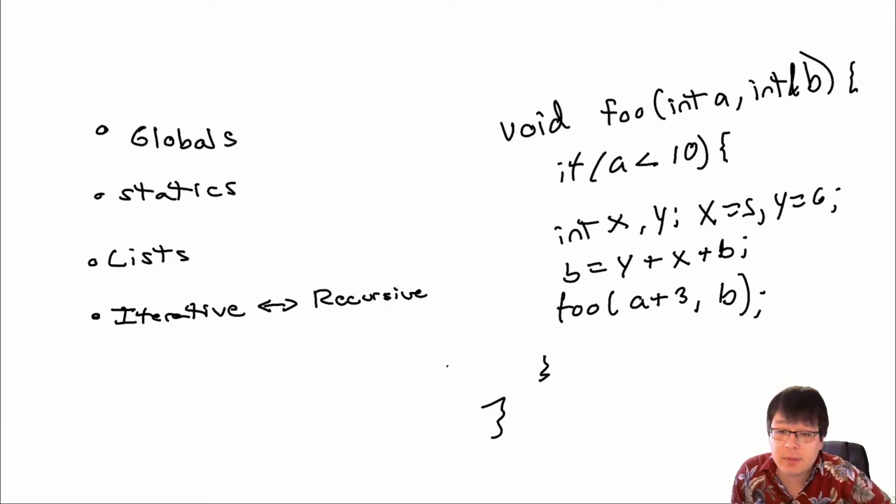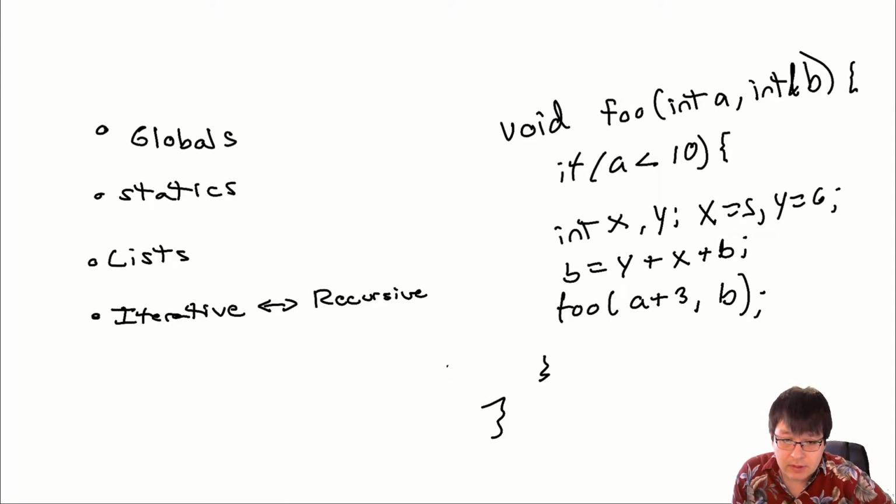This makes a little more sense now, because you could start out with something like 1 in a, and then the next time it runs, a is going to have 4, and then plus 3 would be 7, and then plus 3 would be 10, and then it would stop at 10, right?